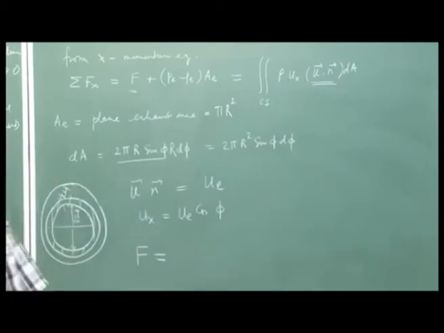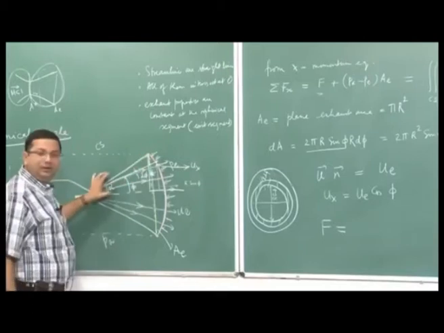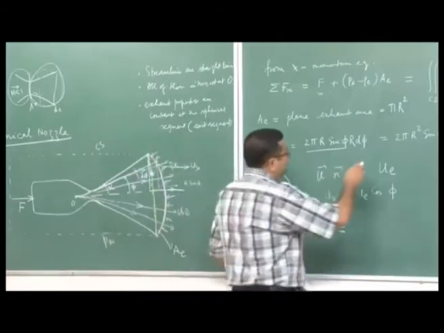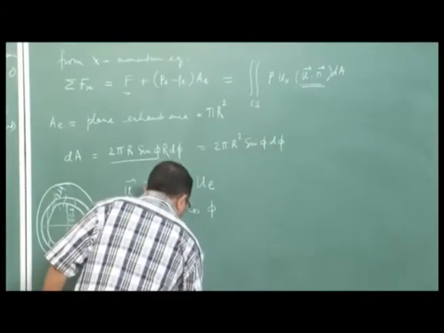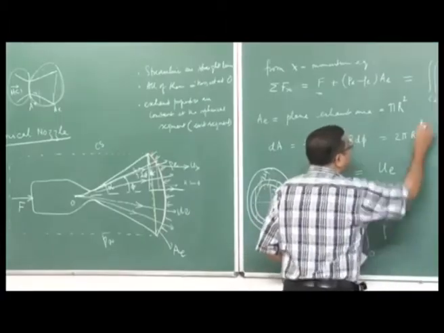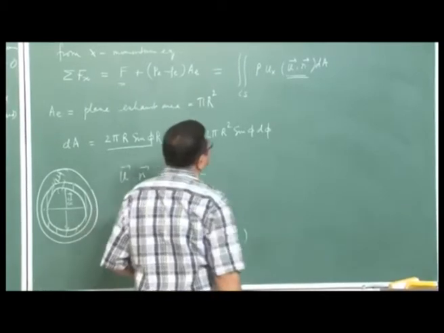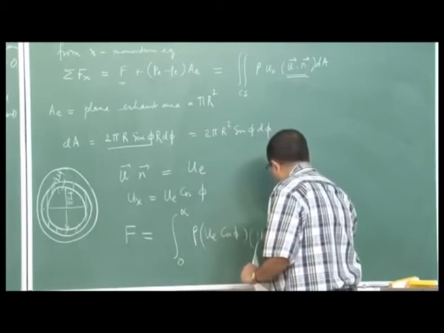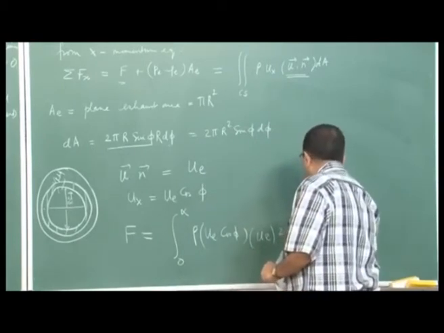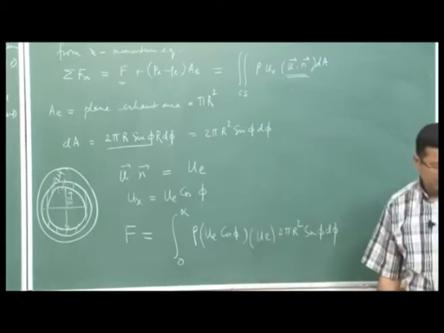Phi is changing from 0 to alpha, the half angle for this conical section. So, this term will be equal to the integral from 0 to alpha of rho u x, which is u e cos phi, times u dot n, which is u e, times dA, which is 2 pi r square sin phi d phi.